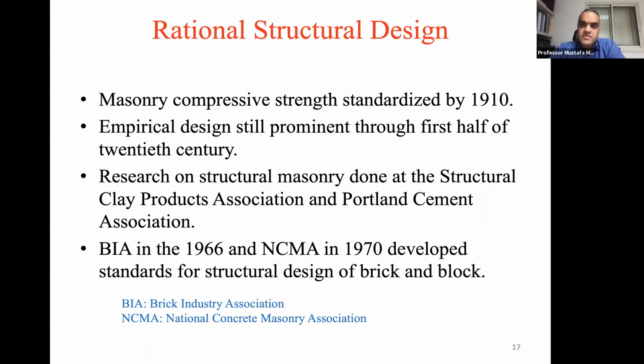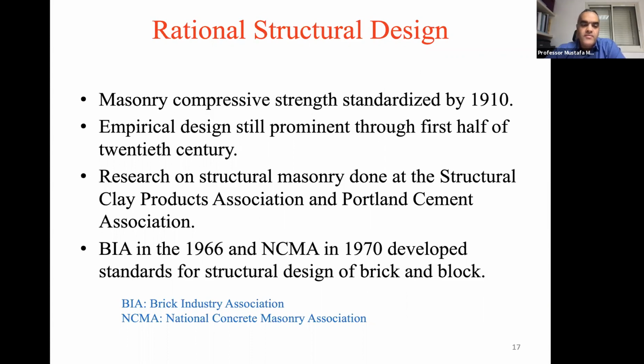After that, codes started to be developed, and masonry associations also started to do research and come up with specifications and guidelines for engineers on how to design certain things.